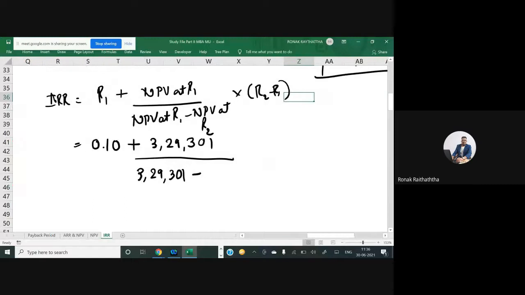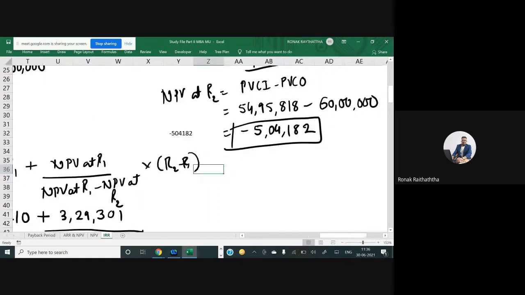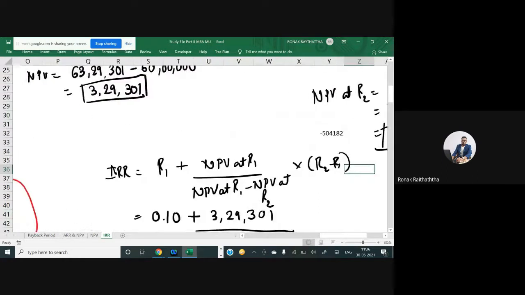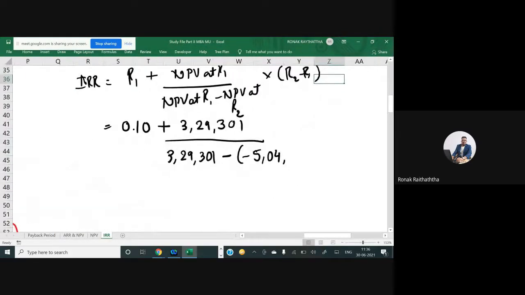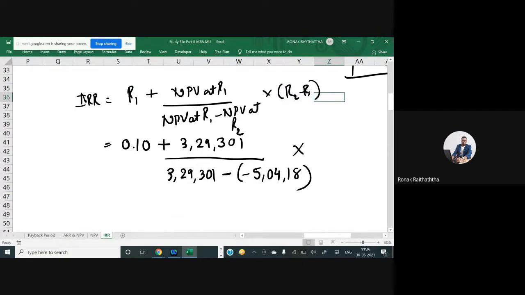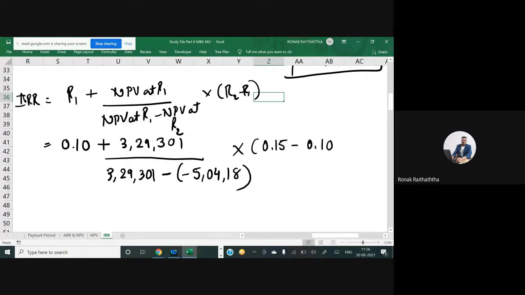Now do not forget that NPV at R2 is also in minus. So minus 504,182, multiplied by R2 minus R1. So R2 is 0.15 minus R1 is 0.10.